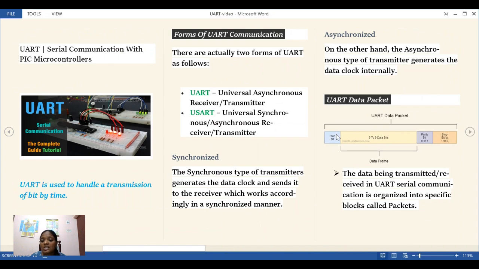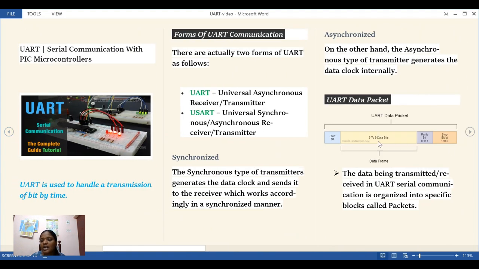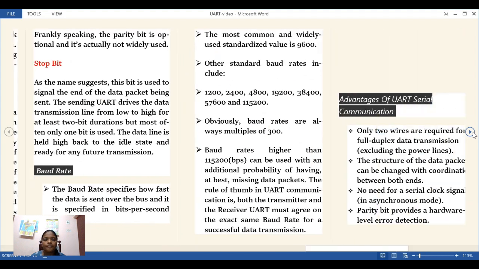Okay, so at the start, what happens? The transmission line, which is logically held high, will be pulled down. The receiver will detect that, and the data frame, that is the 5 to 9 data bits, will be transferred to the next level, that is the parity. Here the parity bit checks whether it is even or odd, and it performs the two forms of operations, and then it finally goes to the stop.